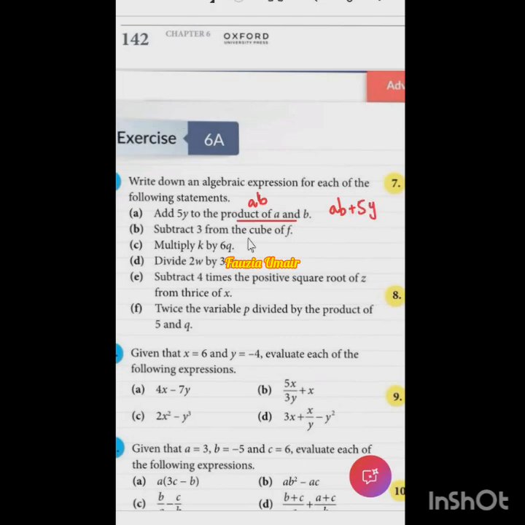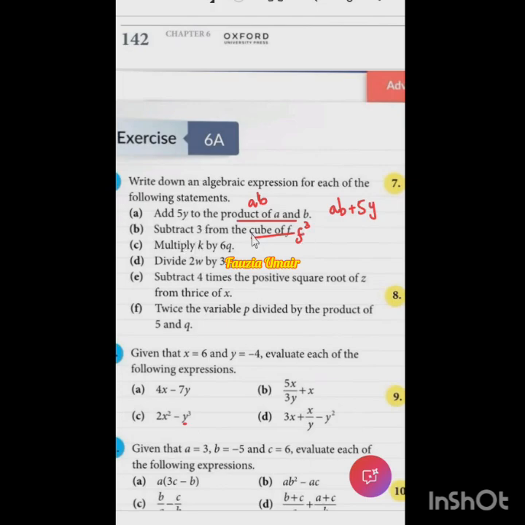Let's solve them step by step. Subtract 3 from the cube of f. First of all, what does cube of f mean? Ma'am, when we multiply f 3 times with itself, it's written like this, f cube. जैसे यहाँ पर आपको नजर आ रहा है y cube. It's similar, f cube.